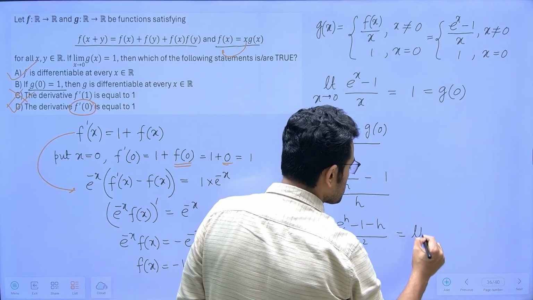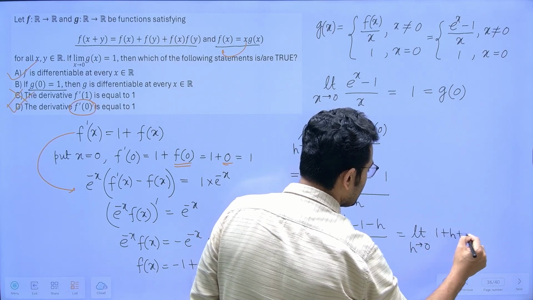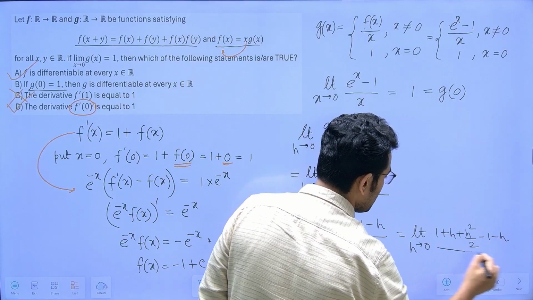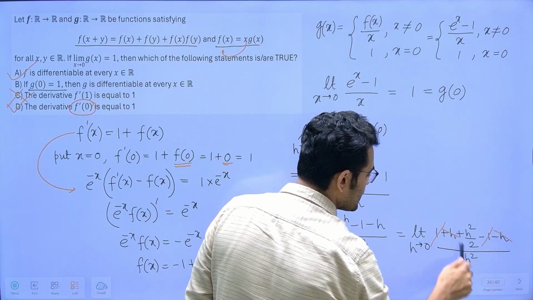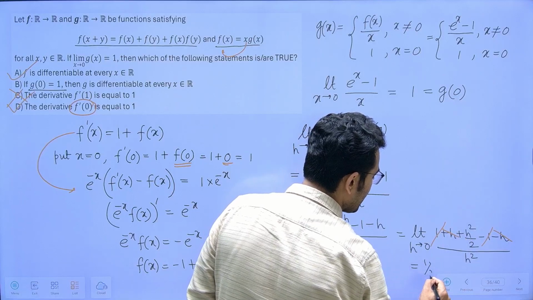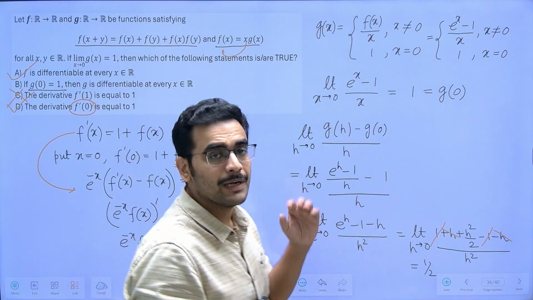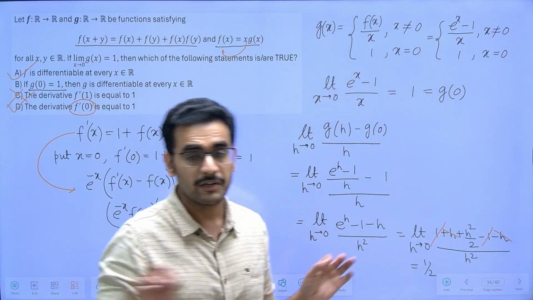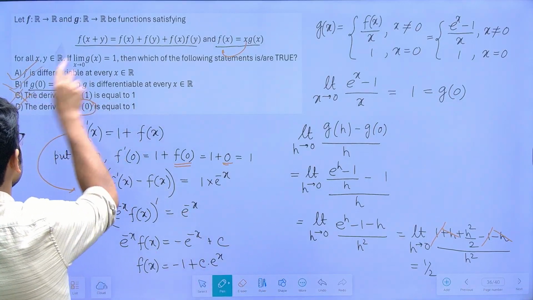Yes, we can use the expansion. e to the power h is 1 plus h plus h square by 2, and we can stop there. So 1 cancels, h cancels, and we get h square by 2 by h square. We are getting the value as half. So the function g is differentiable at x equal to 0, and it is differentiable everywhere in the real domain. So this option is also correct.